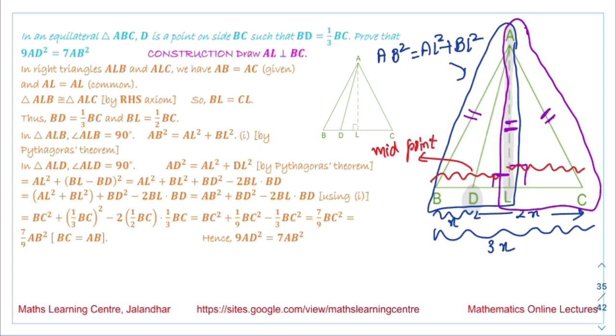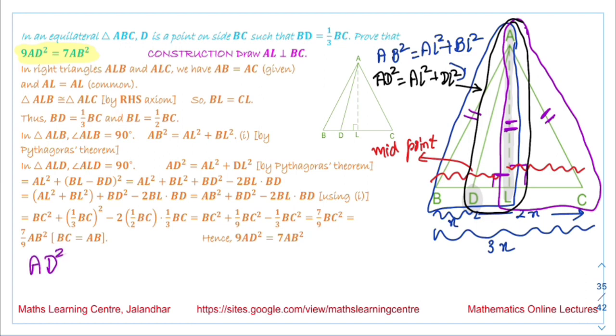Next, in the triangle ALD, we get AD square equal to AL square plus DL square. Now what we have to calculate is 9AD square equal to 7AB square. So we start solving these values.